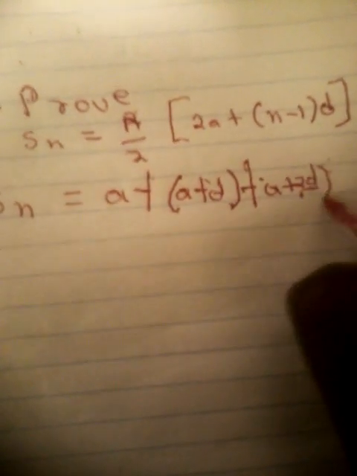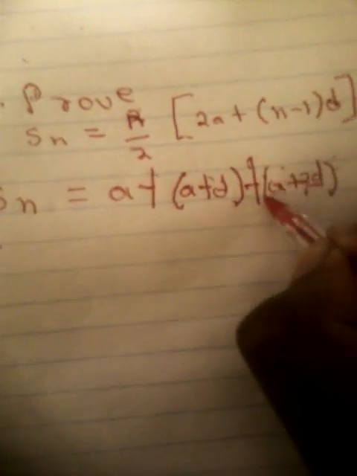This is the third term. Plus dot dot dot until the last term, the general formula of the arithmetic sequence, which is a plus n minus 1 d. This is the general formula until the last term that we call tn.